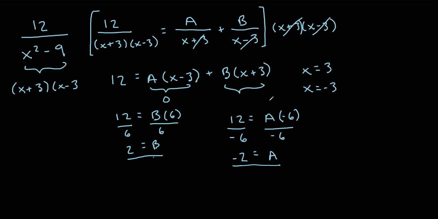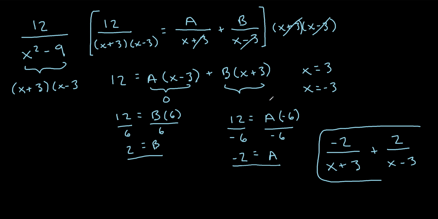So we solved for a and b, and we can write our final answer as negative 2 over x plus 3, plus, since we found that b was equal to 2, 2 over x minus 3. And that is our final answer. That is how we can decompose this original fraction into two fractions.